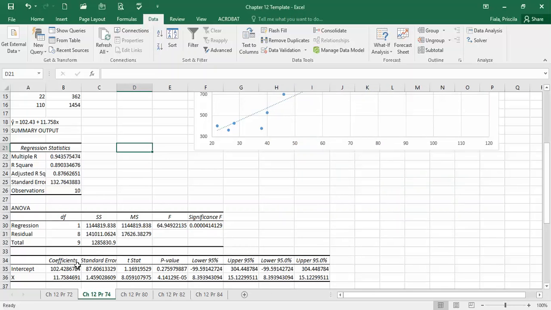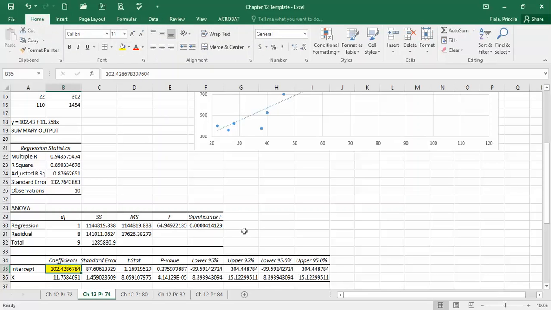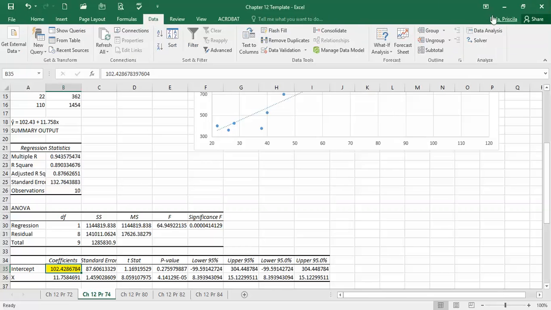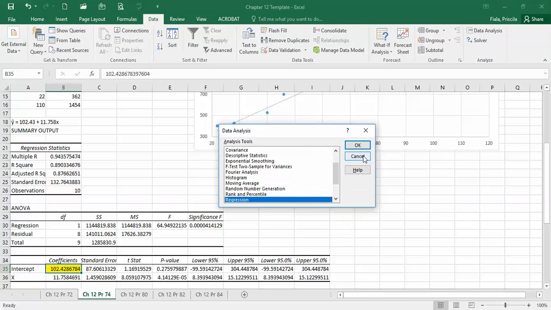What is important from here? What is your y-intercept? Does this look familiar? If we didn't do the whole calculation like I did first, if we didn't use the formulas Excel had for us, I still have this in the data analysis that gives me all this information.